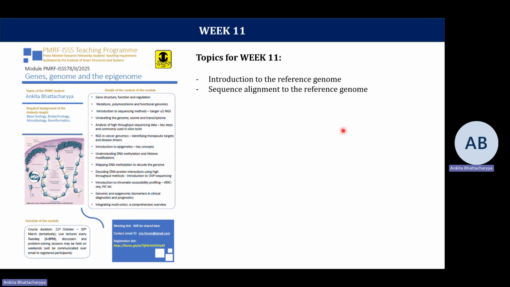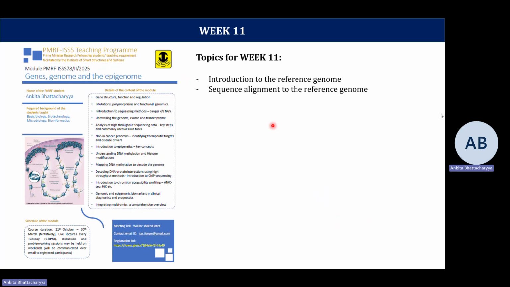Just quickly brushing up today so that we can have a small test next week, following which we will shift gears and move on to our discussion regarding strategies to map DNA methylation that can be used to detect it across the genome.